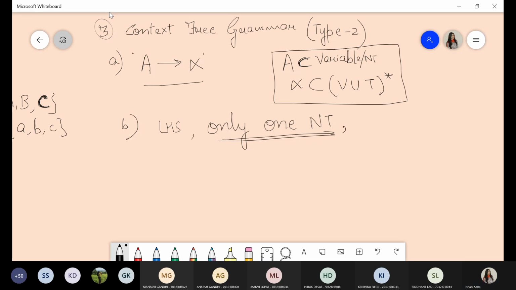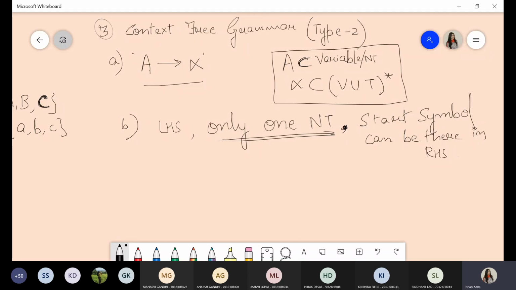And in this point only you can write down that the start symbol can be there in the right hand side. So what does the restriction say? Any production in that particular grammar, the left hand side will only consist of one non-terminal. Right hand side can be anything, but left hand side strictly one non-terminal.